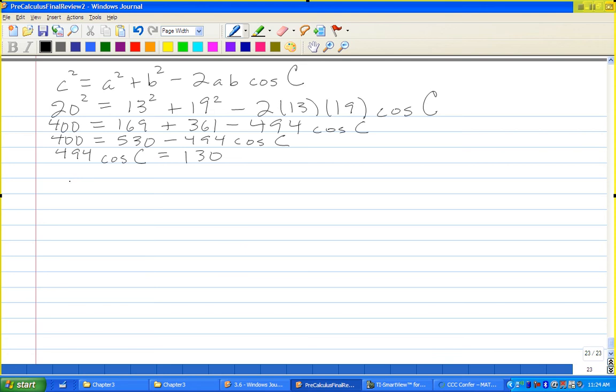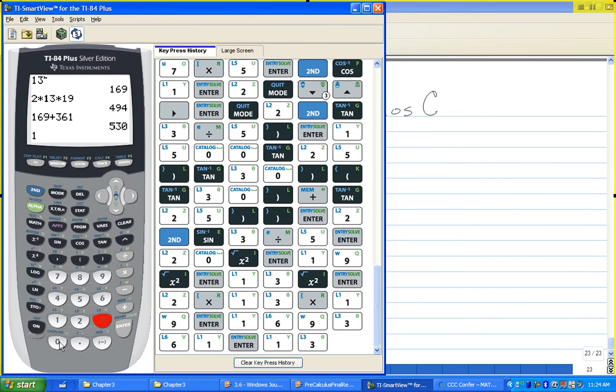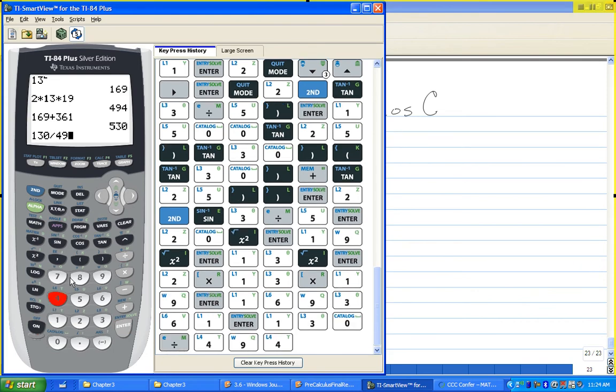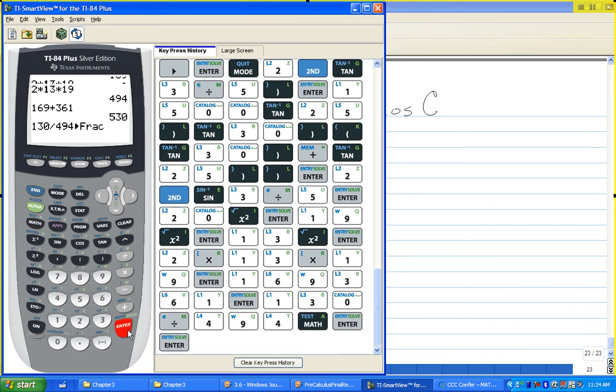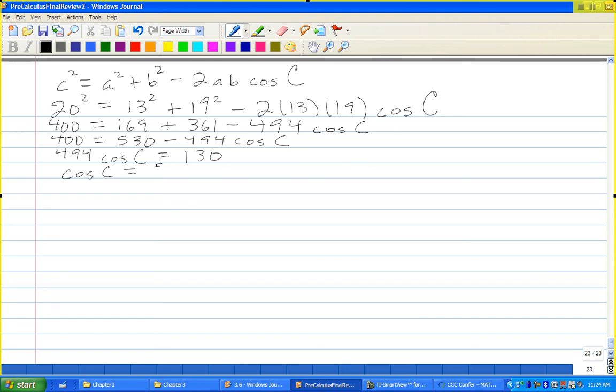And so C, 130 divided by 494, you can divide it at least by 2. 65 over, well, let's do that. 130 over 494. Oh, 5 over 19. Okay. So C equals arccosine 5 over 19.